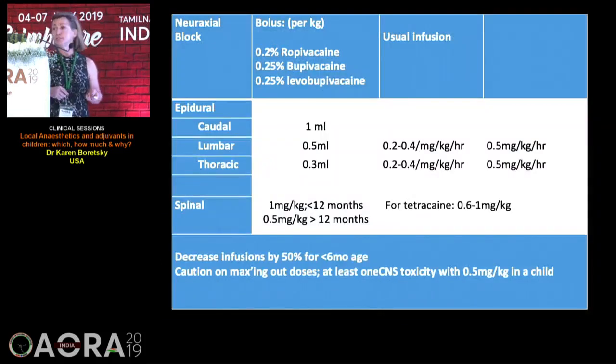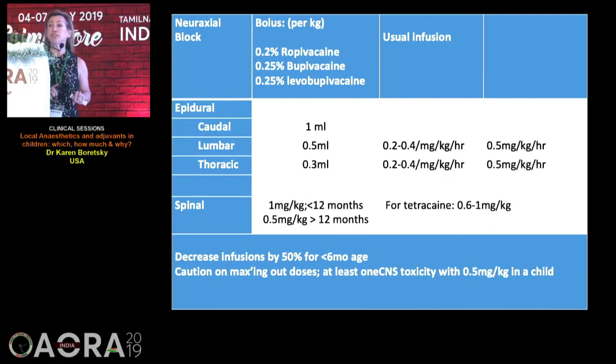This is going to talk about the volume. When we talk about dosing, we can talk about milligrams per kilo, and we can talk about volume dosing. In terms of volume dosing, for the caudal anesthetics, for efficacy up to a T10 level, you want to give 1 ml per kilo of your favorite local anesthetic.